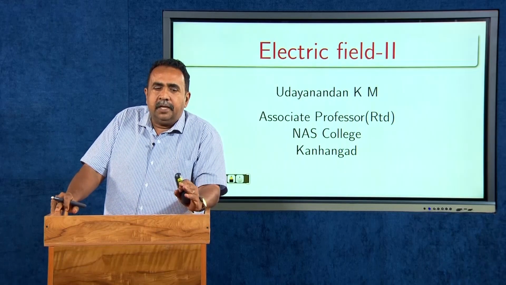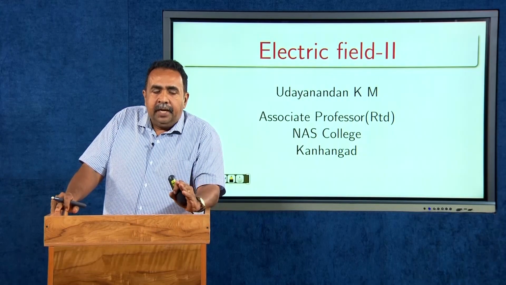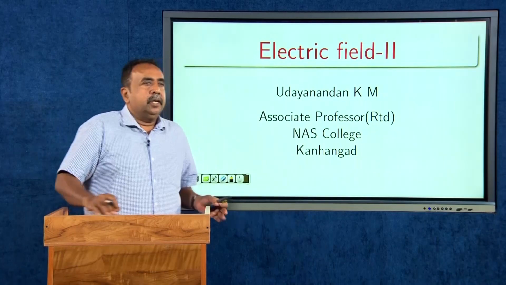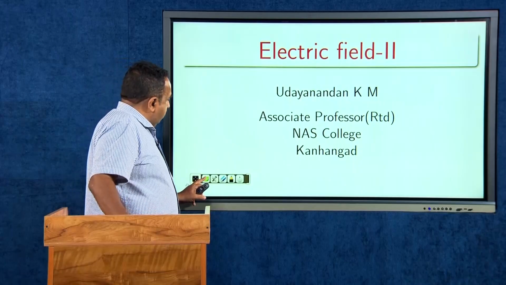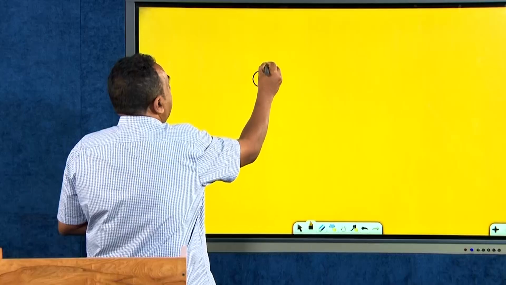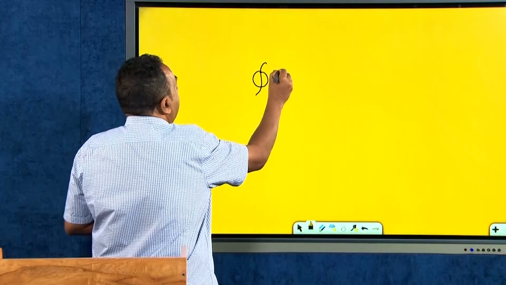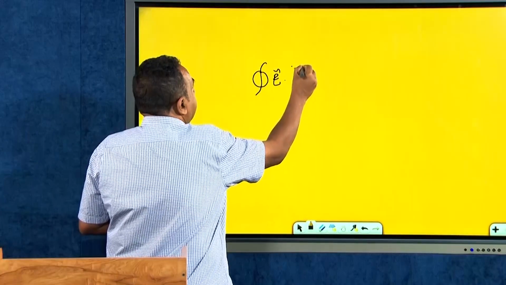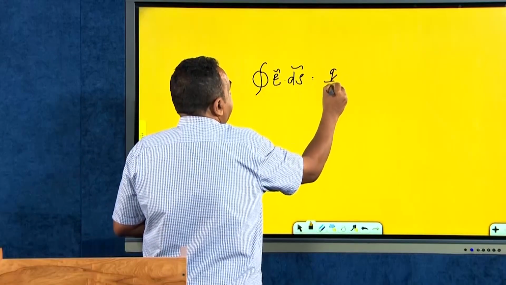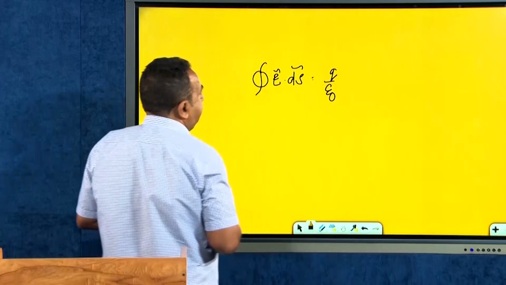I have been discussing Gauss's law in the last session, and I tried to find the electric field due to a point charge using Gauss's law. Therefore, Gauss's law was closed integral E dot ds is equal to q by epsilon 0.